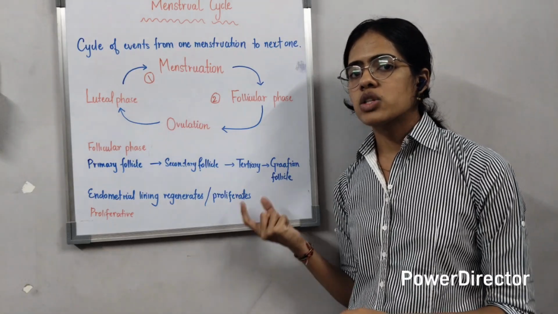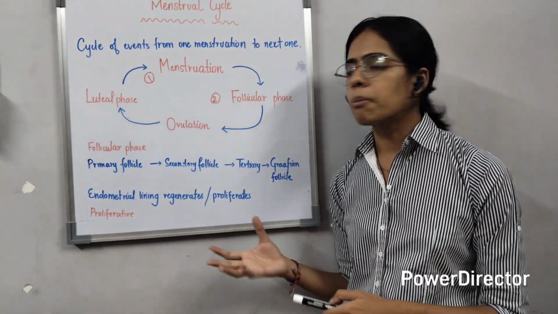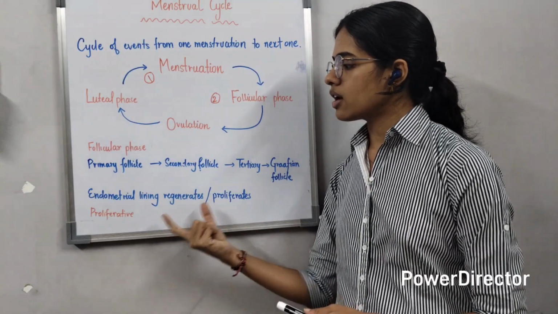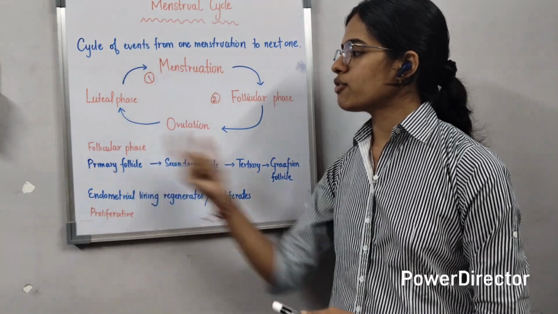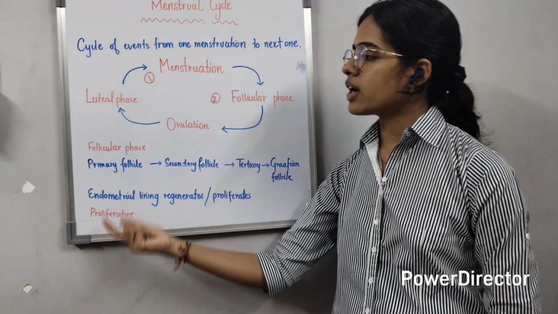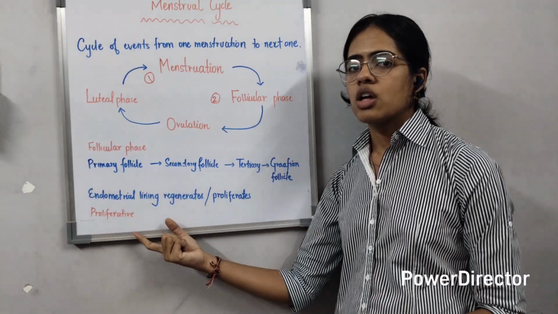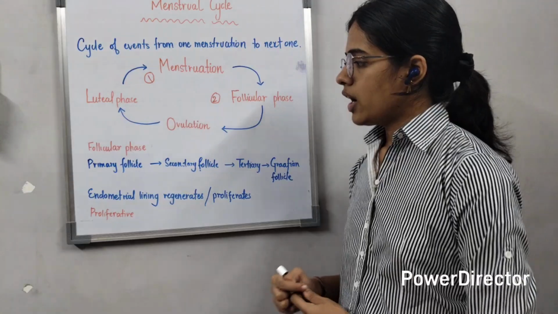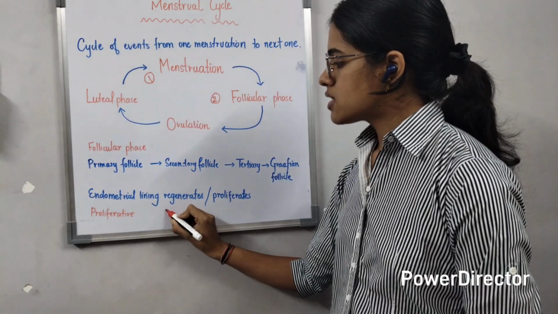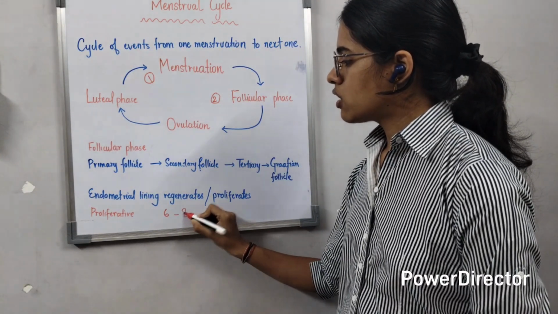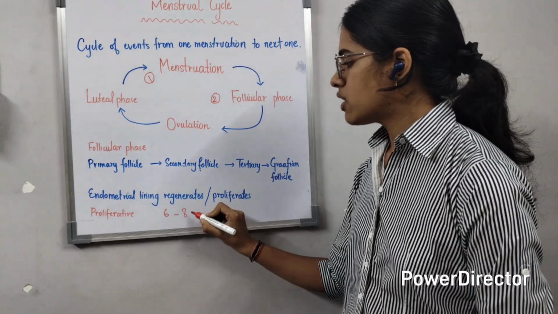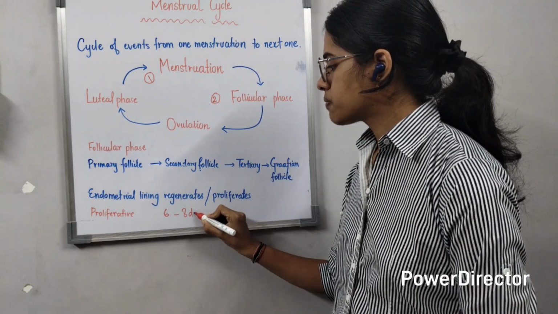Proliferation is a biological term that means increasing in number. So proliferation of the endometrial lining or the blood vessels takes place during the follicular phase, which is the reason why this phase is also called the proliferative phase. It occurs for around 6 to 8 days, or a week, for these events to occur in the follicular phase.